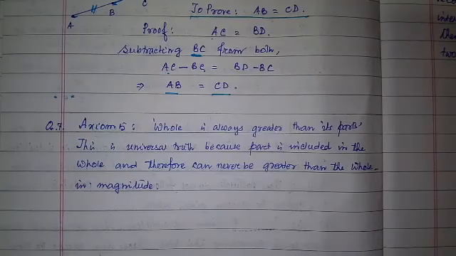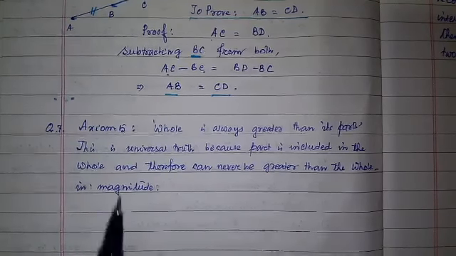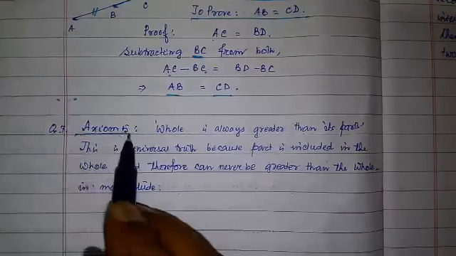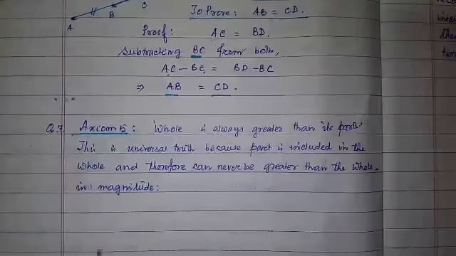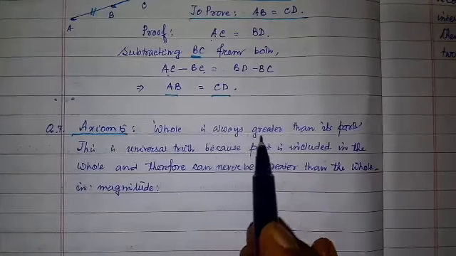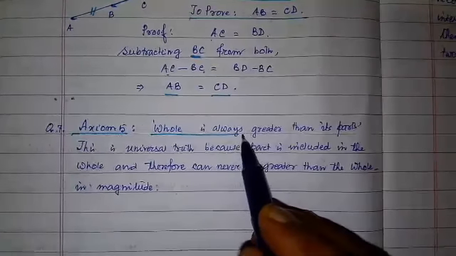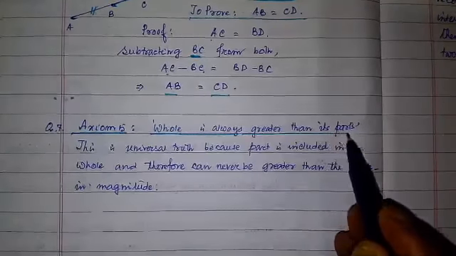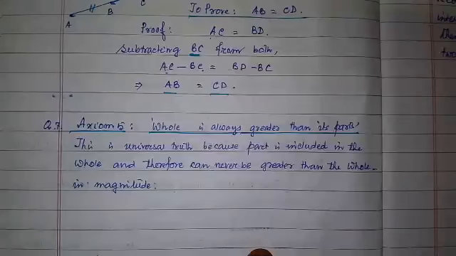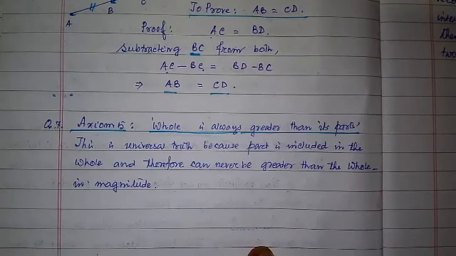It is about the fifth axiom. Now axiom 5, let us recall. Whole is always greater than its parts. This is the fifth axiom.